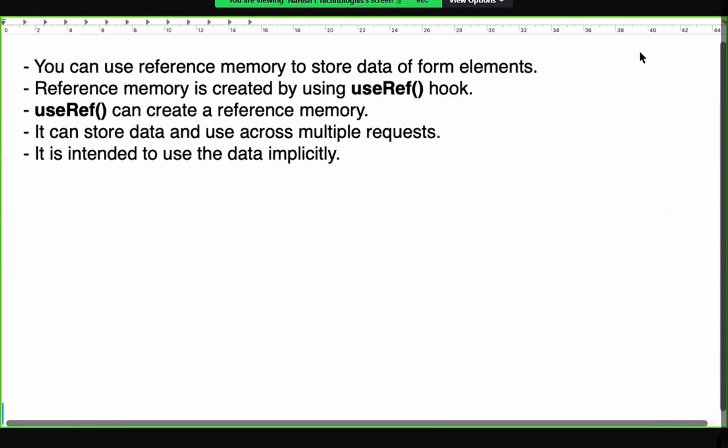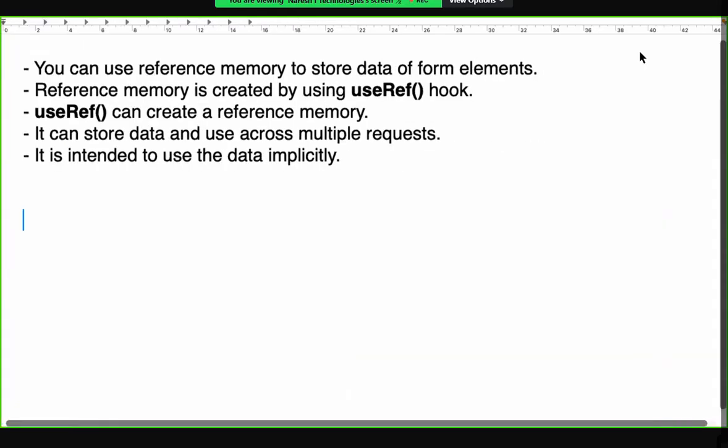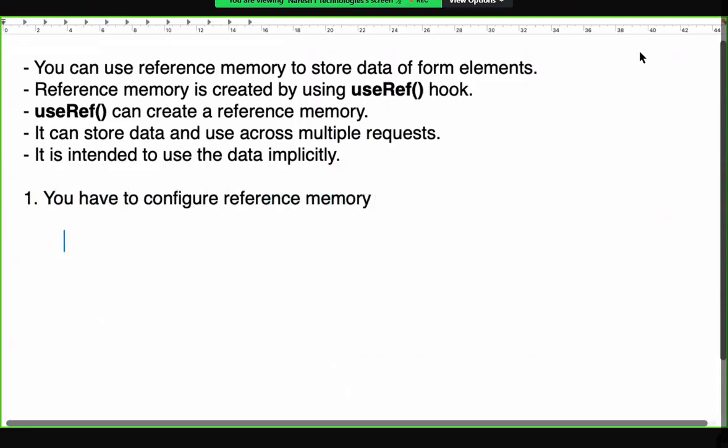So first point, you have to configure reference memory. How to configure reference memory? Some name ref is equal to useRef, and what type of data? Any initial data you can configure. You can make it null according to what data you are having.